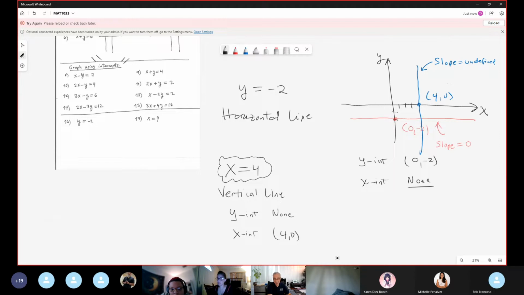In the horizontal line, the x-intercept does not exist. However, the vertical line is parallel to the y-axis, so obviously the y-intercept does not exist. Only one intercept exists, the x. Cool.